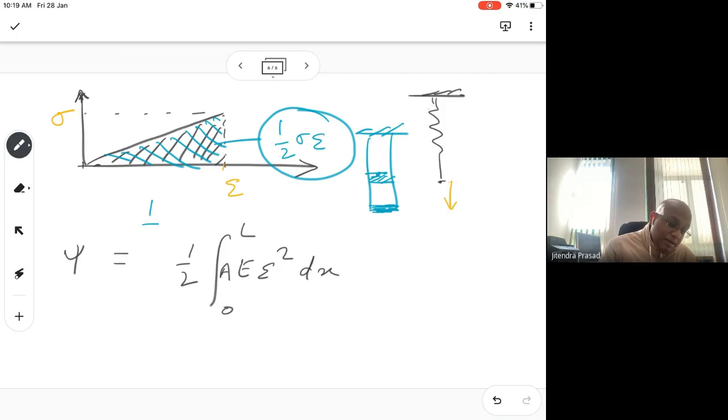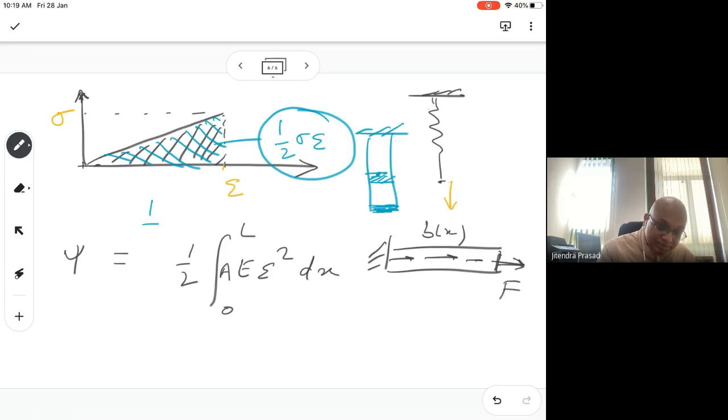Now we have to look at which forces are working here. There is a body force Bx which is being applied, and then this force is applied as well, F equal to F naught. And what is the value of U here? This will be UL. So the work done W will be because of two things.